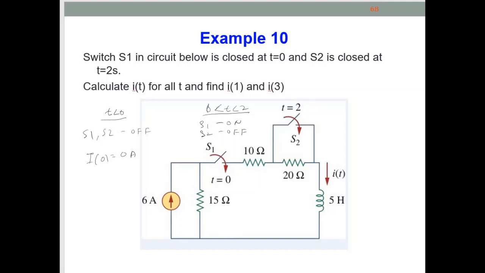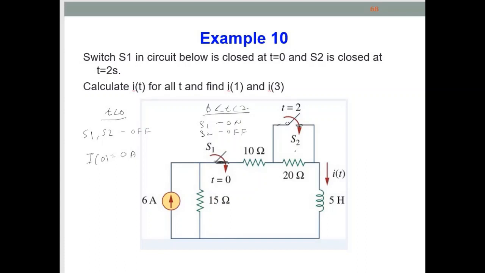The circuit involved only this, which becomes connected. Current will flow through 10, 20 and 5 Henry, but this one is still disconnected, so this one will be disregarded, or will not be seen in this circuit.